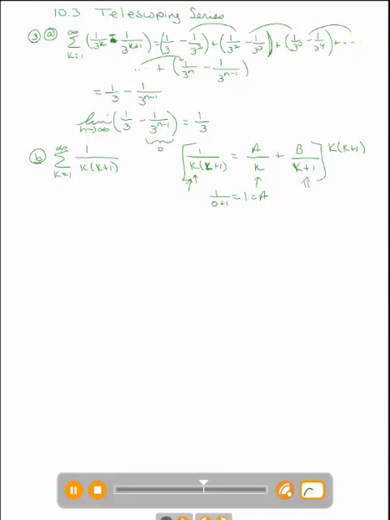To get B, you say k can't be negative 1 there. So you put your finger over the k plus 1 and stick negative 1 into what's left, and you get negative 1, and that would be B. That's the shortcut. It's called the finger method.